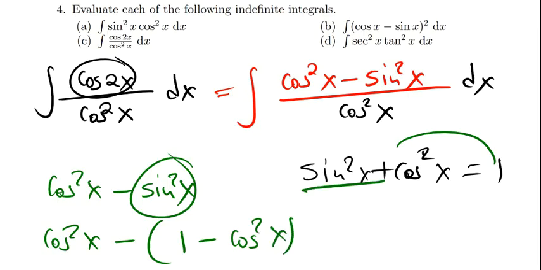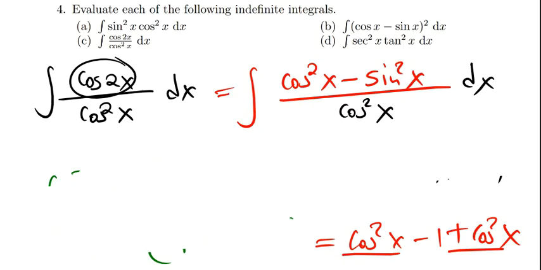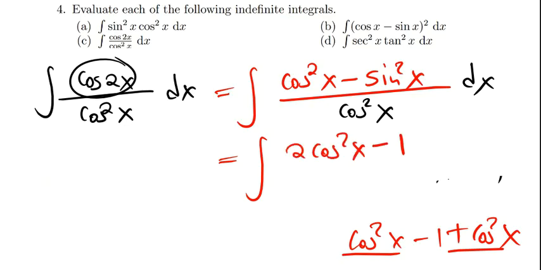So if you distribute the negative, you're going to have cosine squared of x minus 1 plus cosine squared of x, which just gives you 2 of these minus a 1. So we can rewrite that. The top part can just reduce to 2 cosine squared of x minus 1 over cosine squared of x in respect to x.